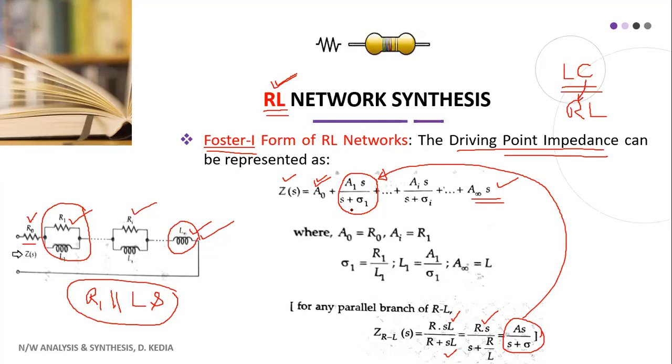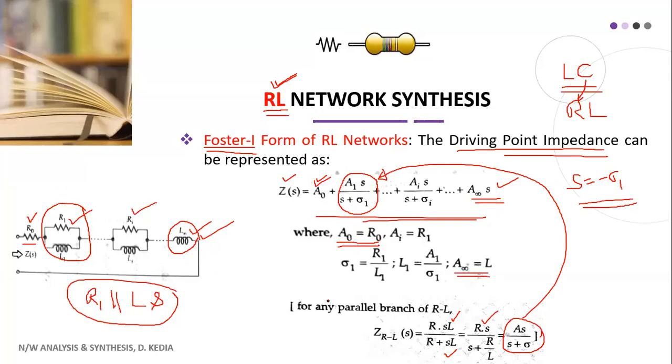Here also S plus sigma 1 is in the denominator, which gives us S equals minus sigma 1, meaning your poles lie on the negative half of your sigma axis. If you compare your circuit with this partial fraction, you can find the values of various circuit components: A naught is nothing but R naught, and A infinity is nothing but L.